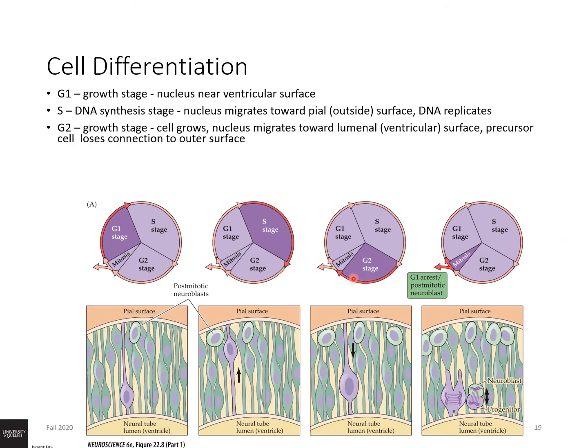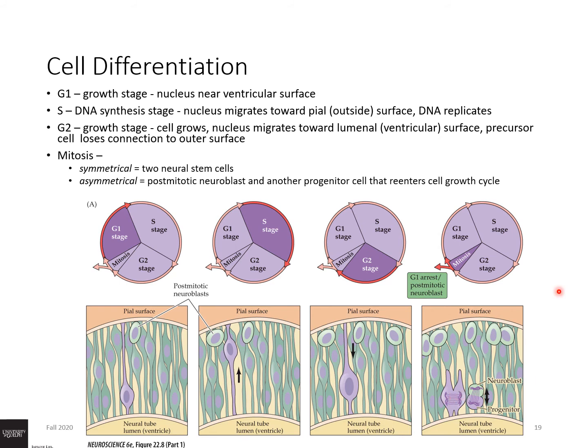So now we get to growth stage 2. The cell is growing, the nucleus is migrating back toward the ventricular surface, and the precursor cell loses connection to the outer surface. So it loses that connection here. And then finally, there's mitosis. So there's two possible outcomes of mitosis in this case. The first is symmetrical, and that's when it produces two neural stem cells. And the second is asymmetrical.